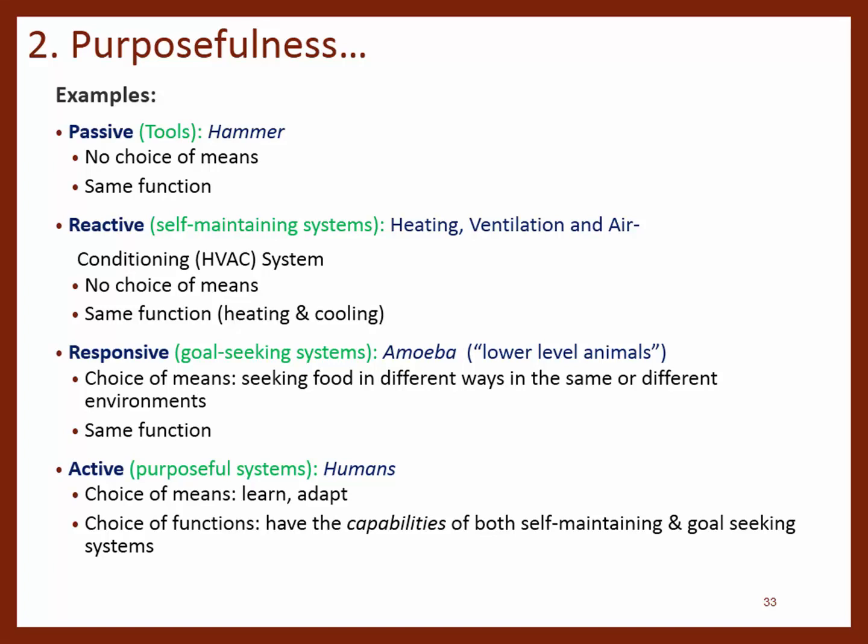Reactive systems are self-maintaining, such as HVAC systems. No choice of means, but they perform the same function of heating or cooling. Responsive systems are goal-seeking, such as the amoeba, which is an animal. Choice of means is seeking food in different ways in the same or different environments, with the same function. And then the actors, such as humans, have the choice to learn and to adapt. Choice of functions, with the capability of self-maintaining and also building goal-seeking systems.